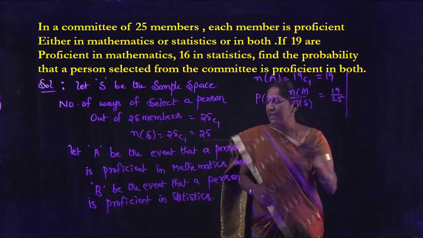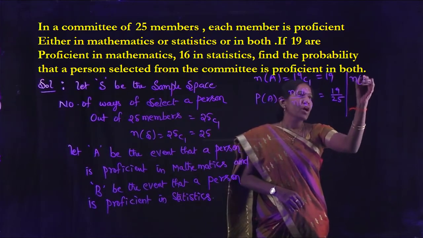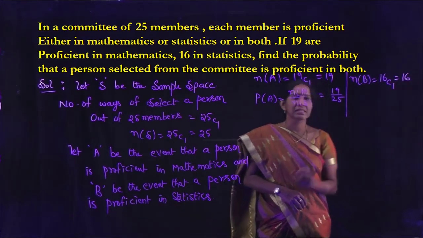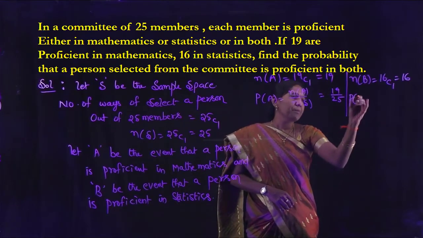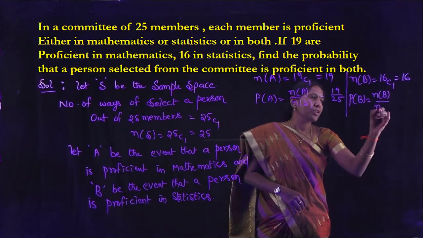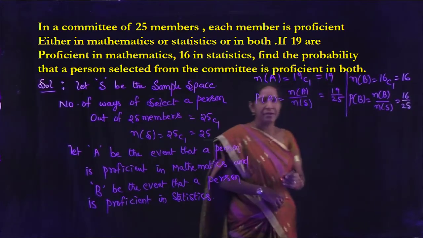So that event is B here. So N of B equal to 16C1, that is 16. Therefore, P of B equal to N of B by N of S, that is 16 by 25.